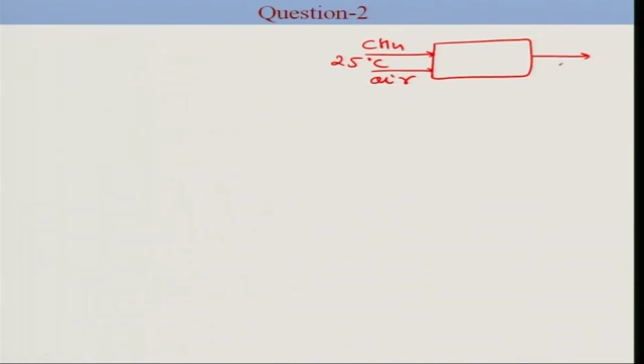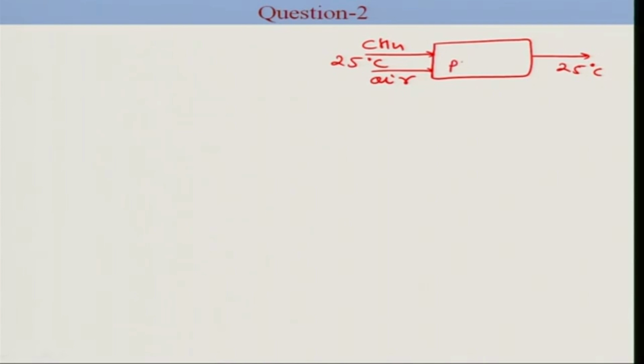So, what is happening in the combustion chamber? Methane is being burned with air. Okay. It is entering into the combustion chamber at 25 degree centigrade and leaving it at 25 degree centigrade as well. Okay.